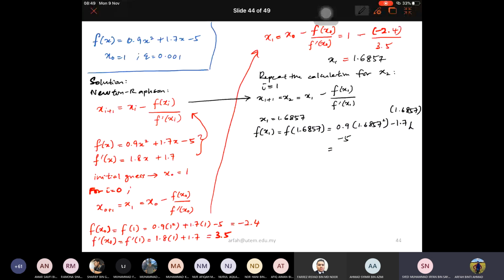Salah. Ke saya salah? Cuba 0.9 darab 1.6857 kuasa 2, negatif 5.382. Yang lain dapat sama ke? Negatif 5.308 tolak 1.7 darab 1.6857 tolak 5. Yang ini ada tolak 5 kan? Dekat sini.